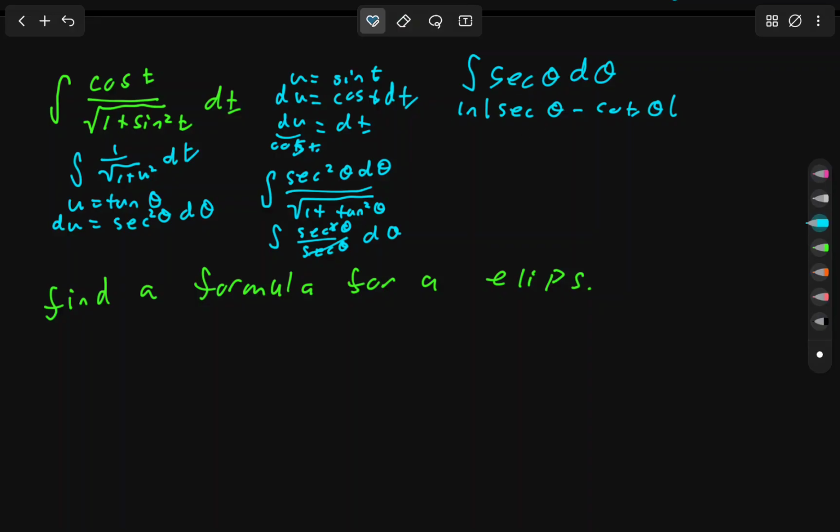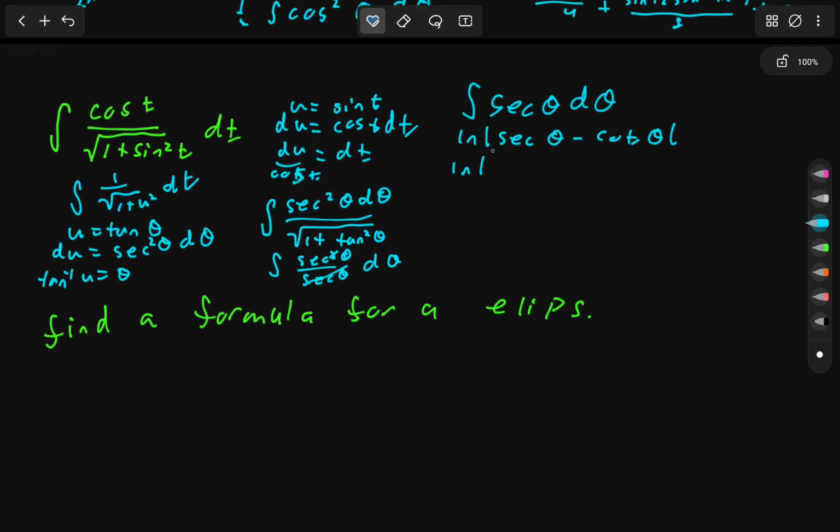Well, we now have to get our u into terms of theta. So if u is equal to tangent of theta, that means theta must be tan inverse of u, and u is sine of t.